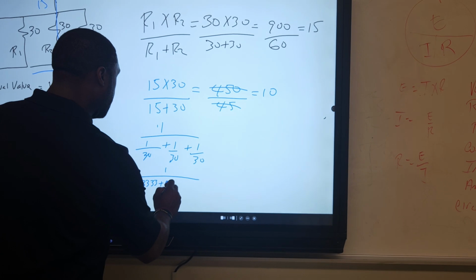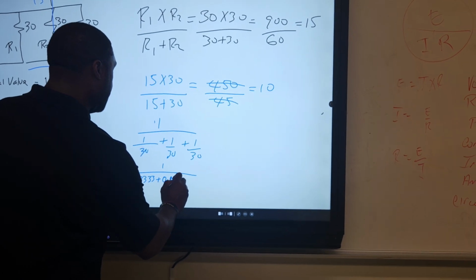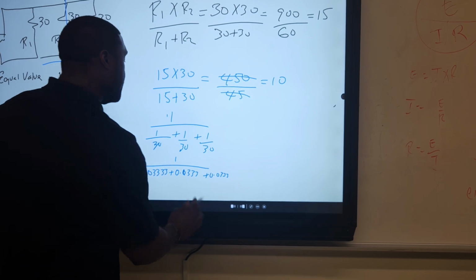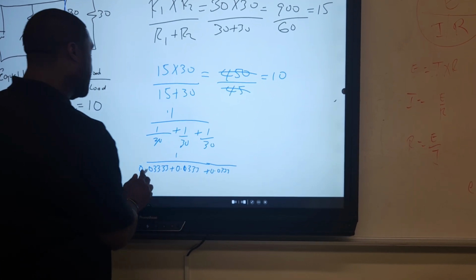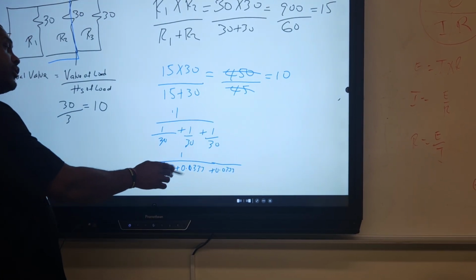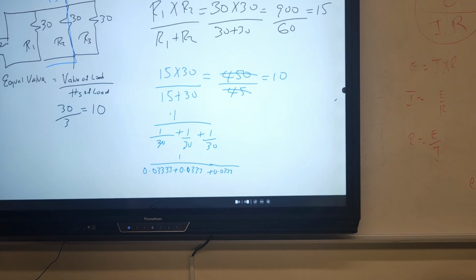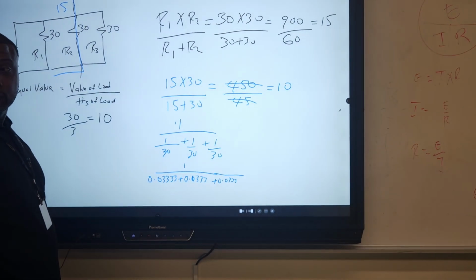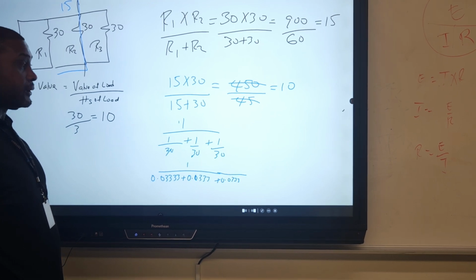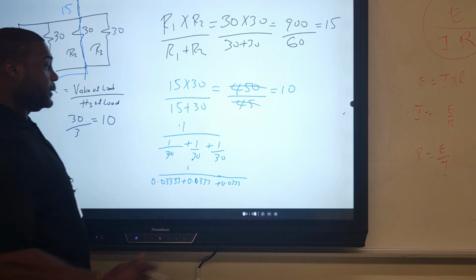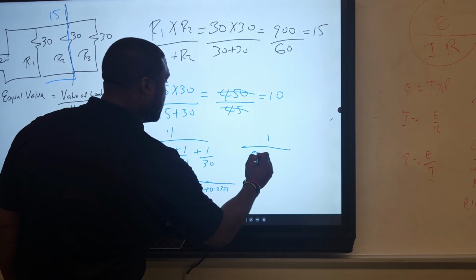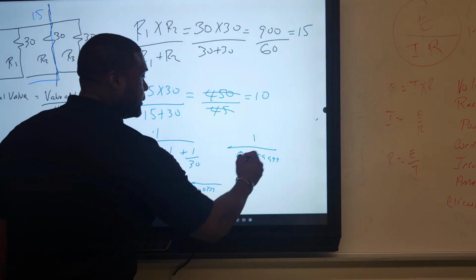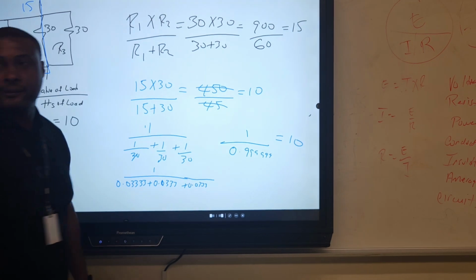Then 0.0333 plus 0.0333. Add them all together, tell me what you get. It would be 0.0999999, so it's about 0.1. So it'll be 1 over 0.1, which is equal to 10.